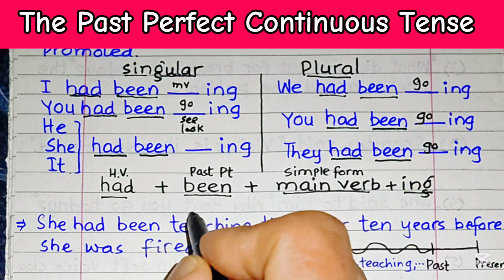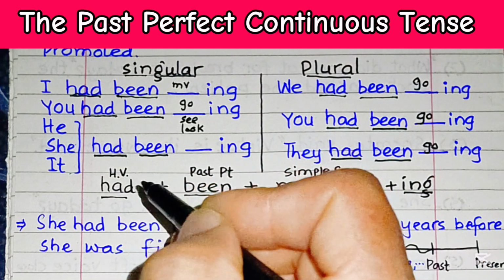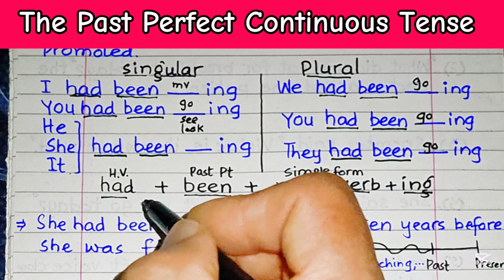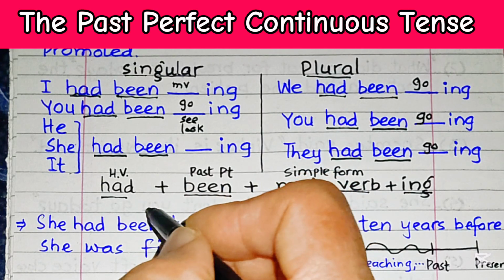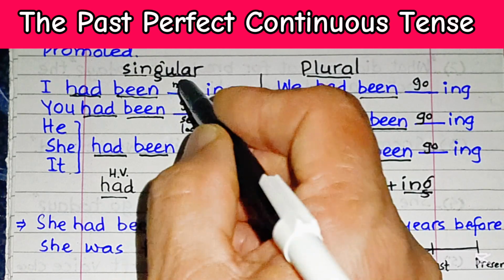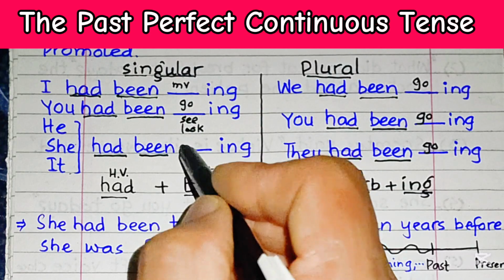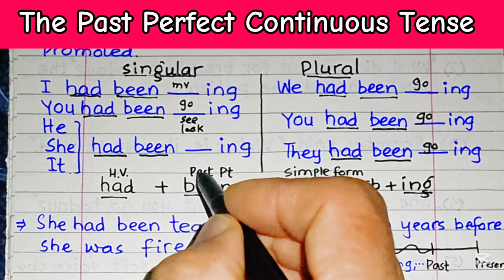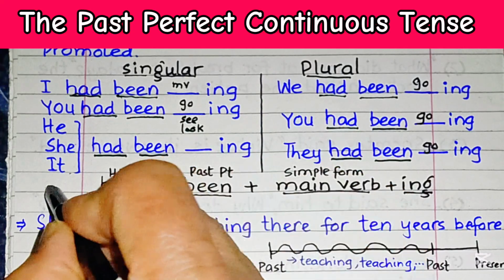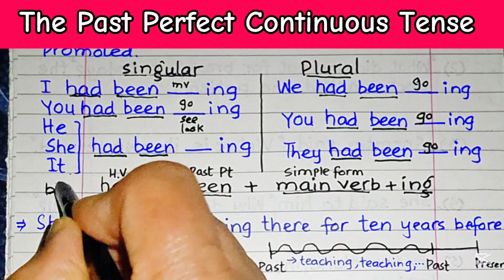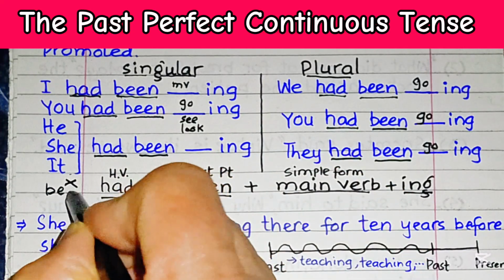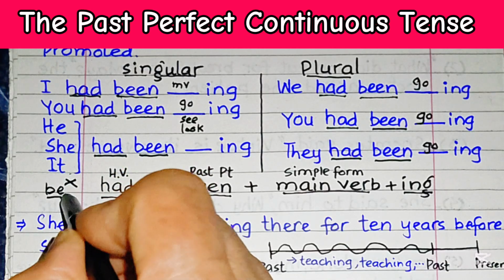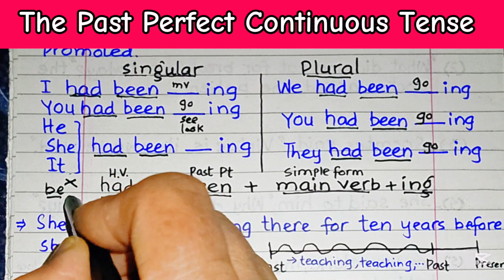So you can use verbs like go, do, see, eat, cook, whatever you write. Almost any verb will fit in all these simple forms. But we cannot use the verb be over here. We cannot use the verb be as a simple form in past perfect continuous tense.